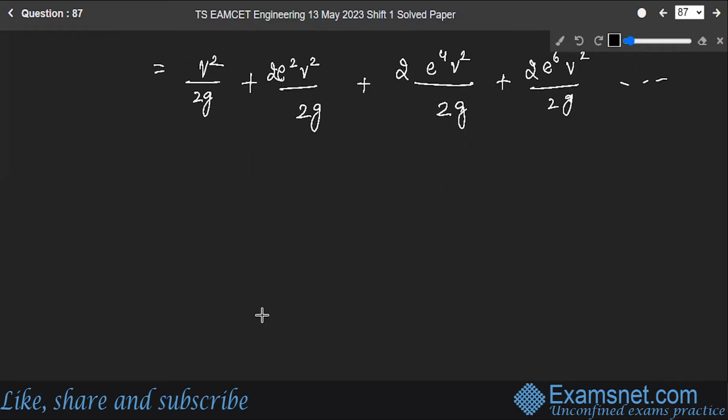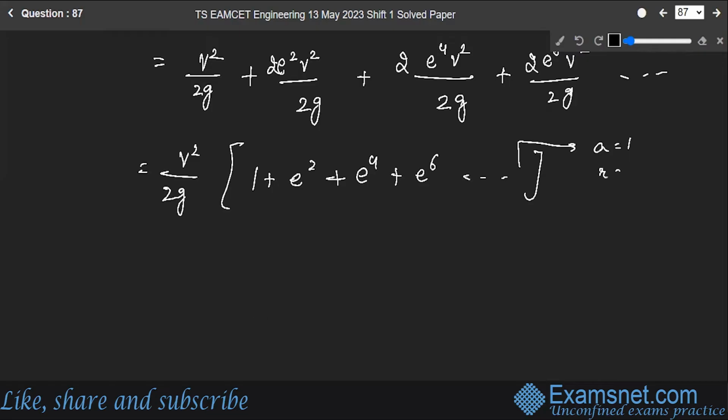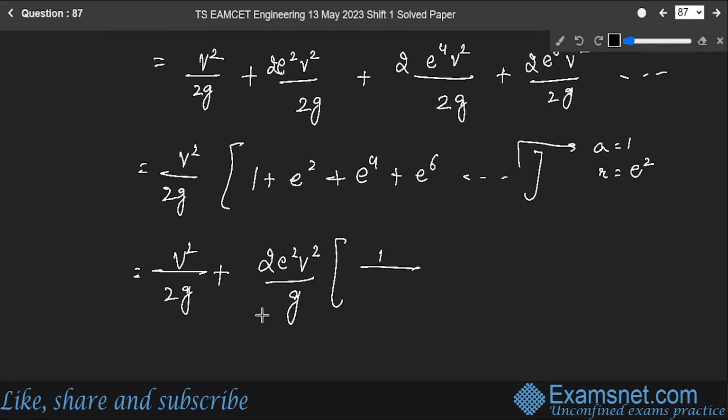I'm taking v square upon 2g common. This will be e square, e power 4, e power 6, and so on. Now this is a GP with first term 1 and the common ratio e power 2. This is v square upon 2g plus 2 e square v square upon 2g into 1 upon 1 minus e square.